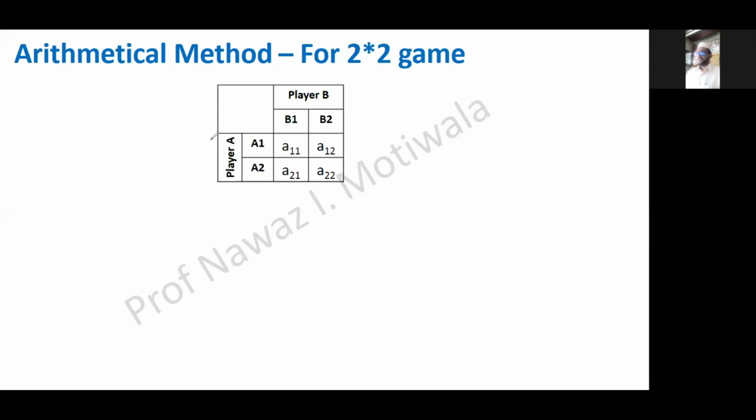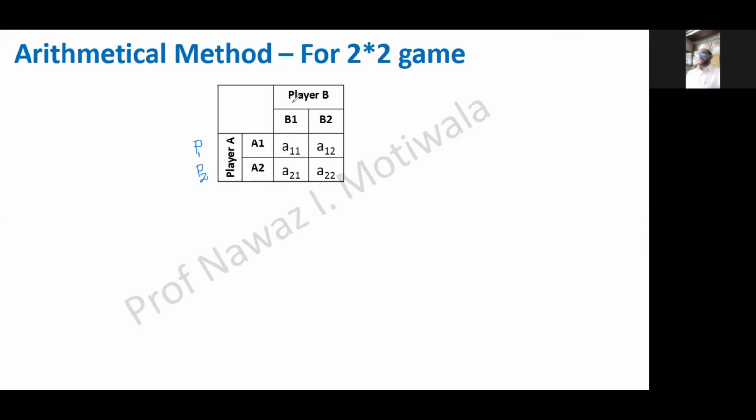So let us assume here that player A, let P1 be the probability of player A playing strategy A1. Here we will have an assumption that let P1 be the probability or chances that player A will play strategy A1, and let P2 be the probability that player A will play strategy A2.